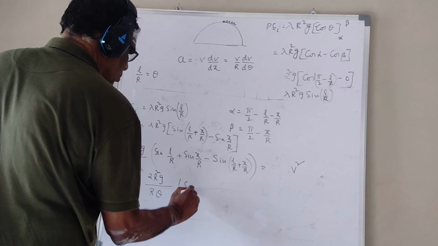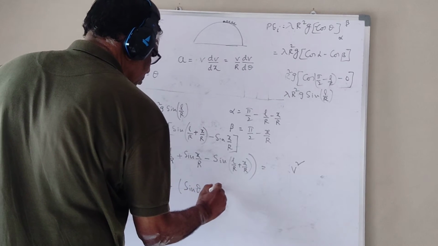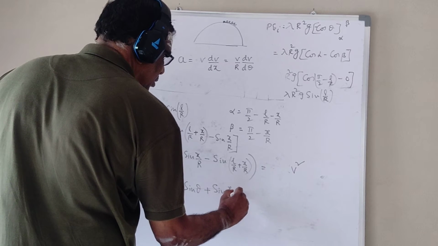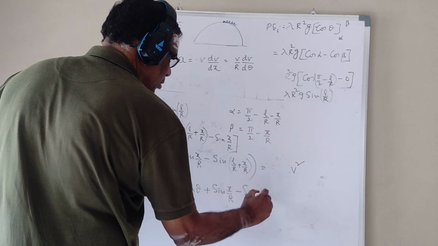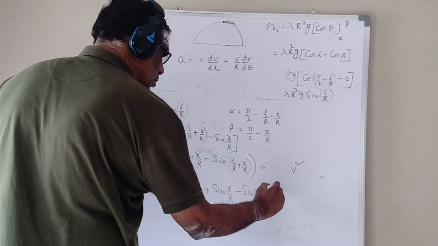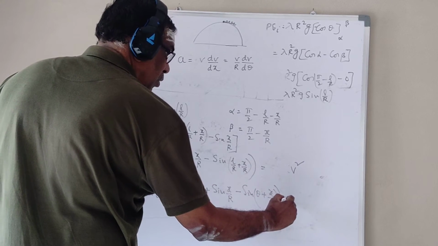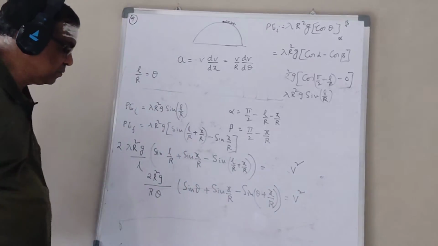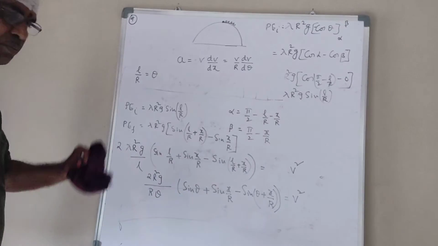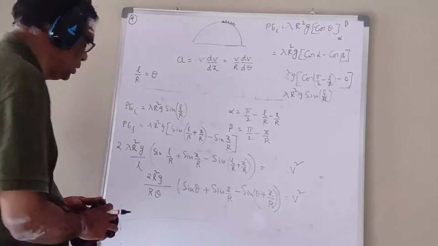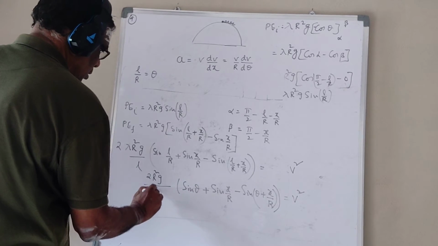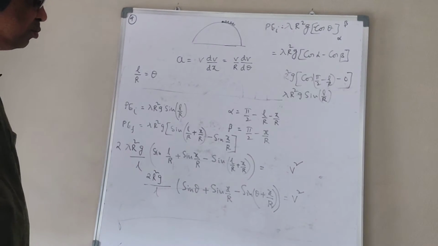So this becomes sin theta, sin x by R. All this is V square. So you differentiate with respect to theta. This is constant, you can retain it as it is.